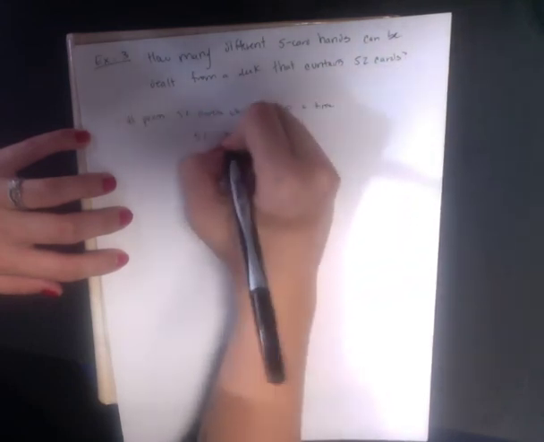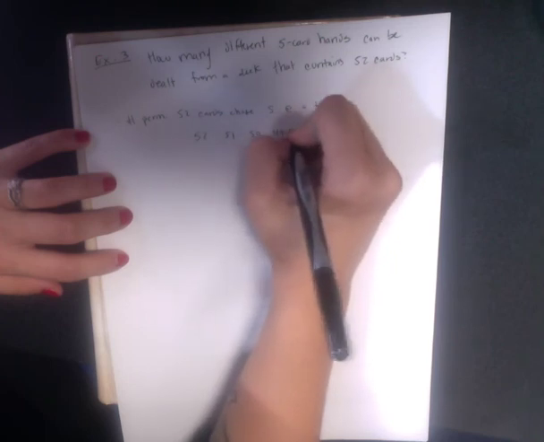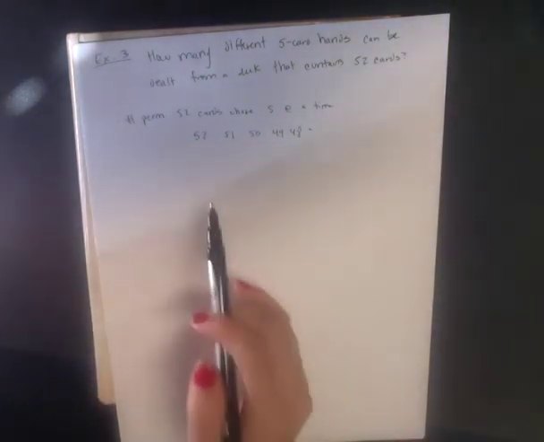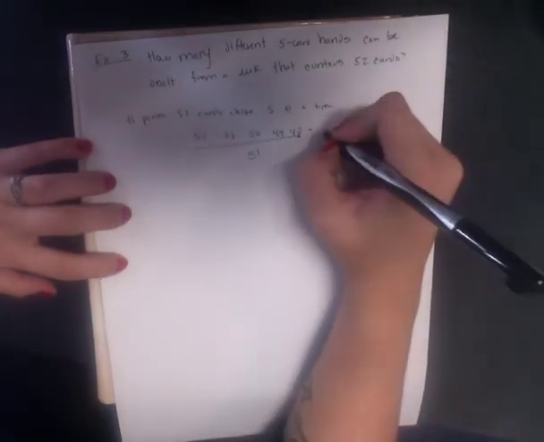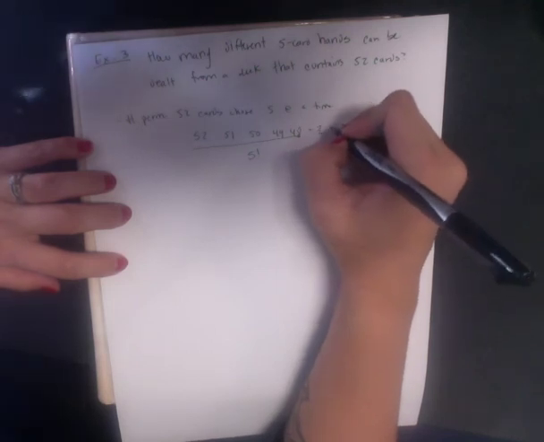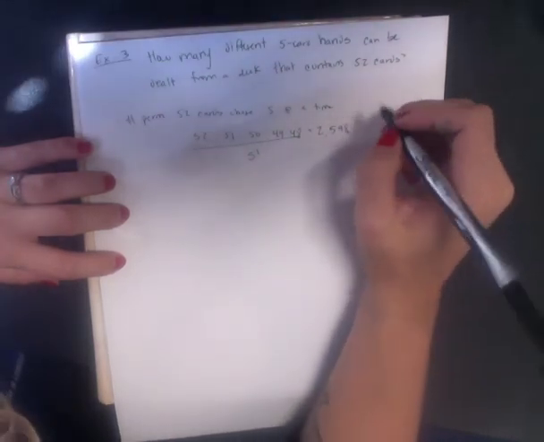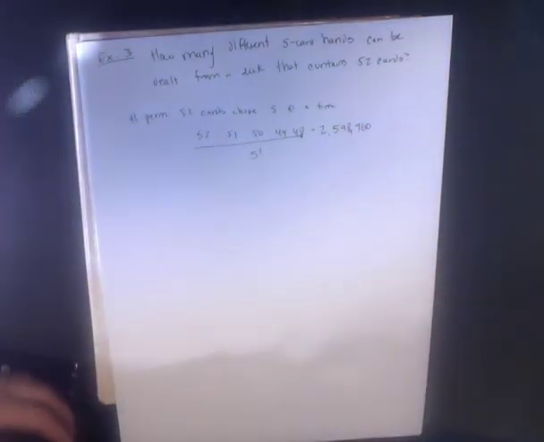So 52 times 51 times 50 times 49 times 48. Okay? And again, order doesn't matter, right? To find each combination of cards, we divide by 5 factorial, which ends up giving me 2,598,960 possible 5-card hands. On something like this, definitely use your calculator.